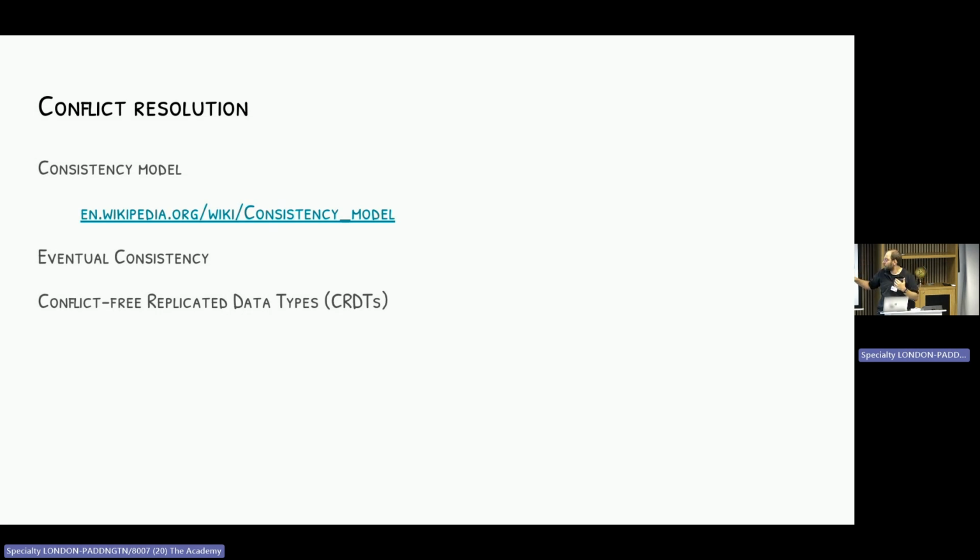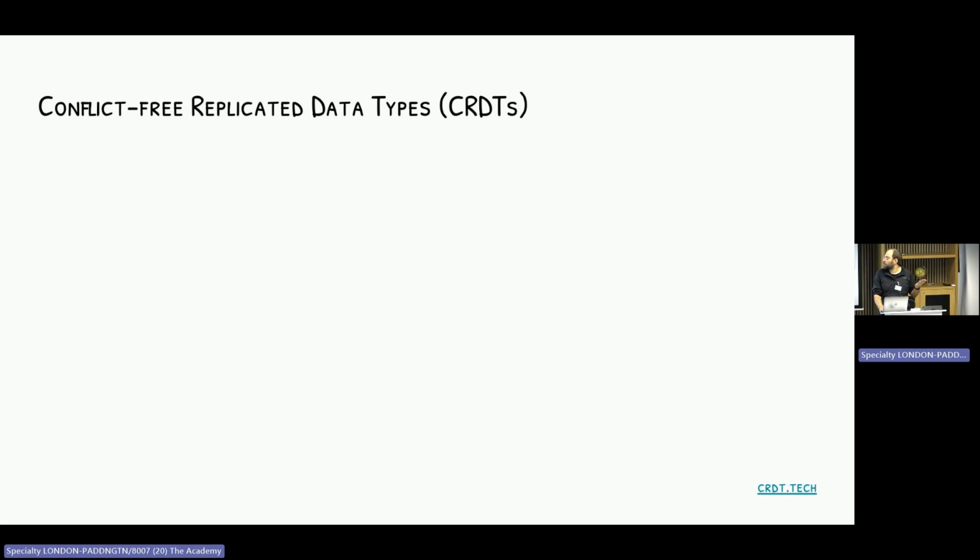This is what CRDT is about, conflict-free replicated data types. It's basically a smart data structure with a set of rules which helps to resolve conflicts.